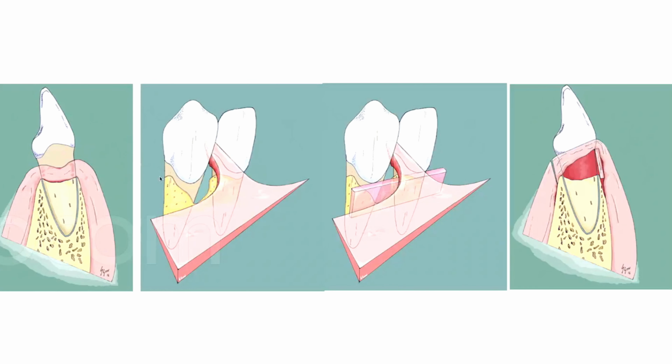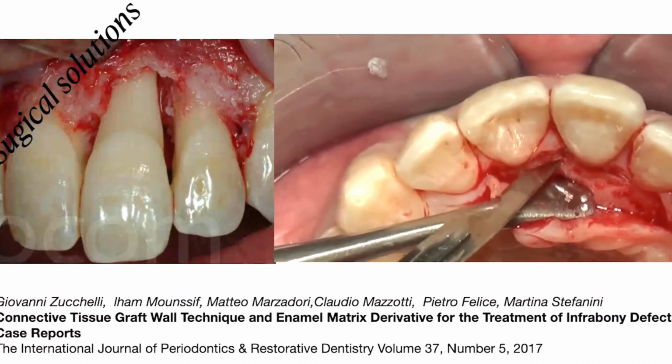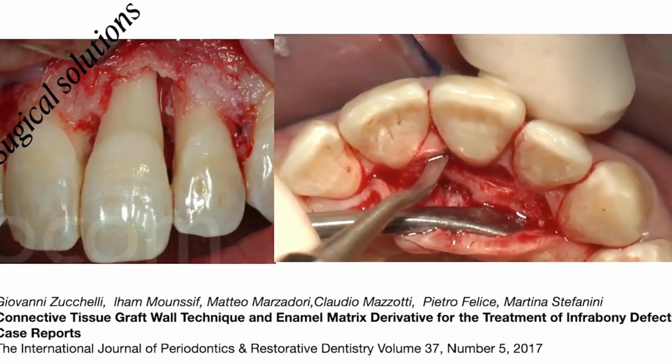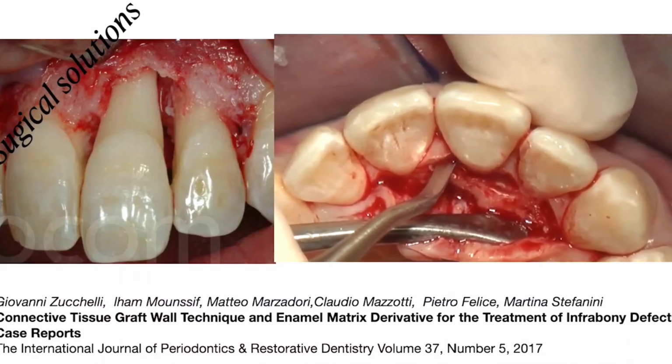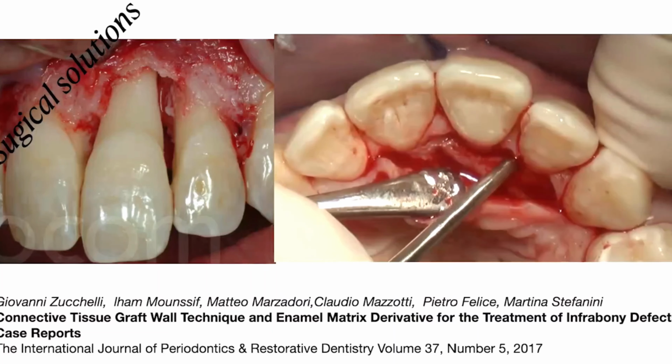Because by making the palatal incision, even if this isthmus is very thin, the soft tissue healing depends on how long I can bevel the incision in the palatal aspect and is not in relation to the width of the isthmus that in this case is extremely small. So we have to make the palatal incision, shift the entire supracrestal soft tissue from the palatal to the buccal aspect.